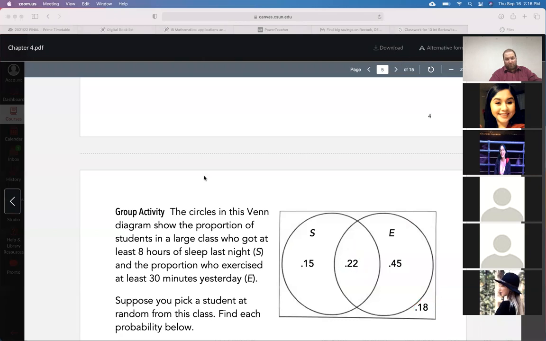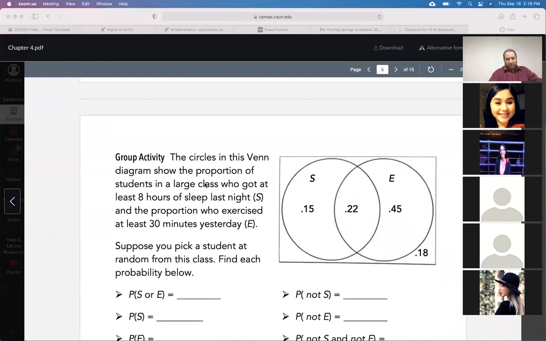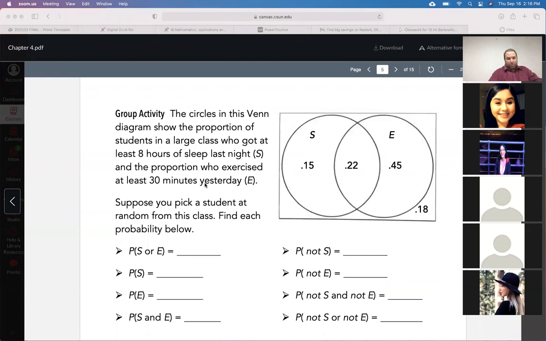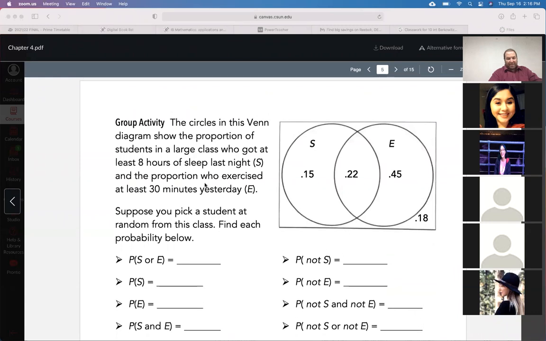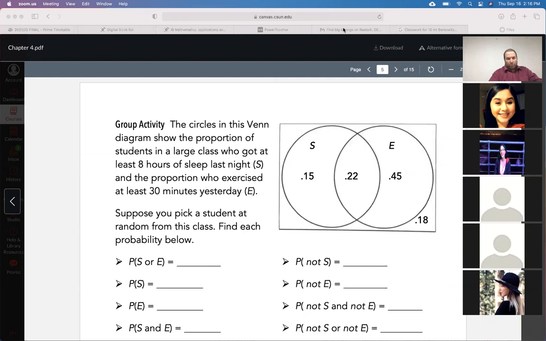Okay, so let's see what questions we have here. It says, you pick a student at random from this class, find each probability below. What is the probability that someone, let's do the easy ones first. Let's do the bottom left one.